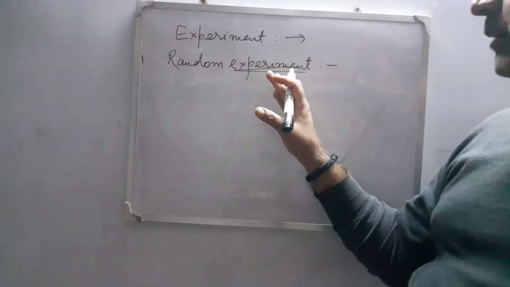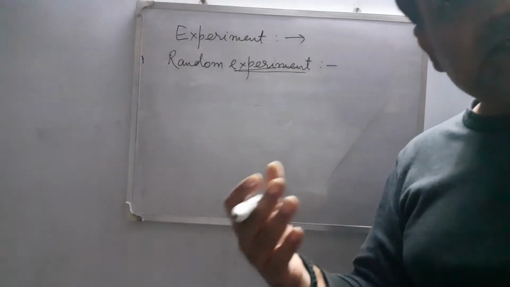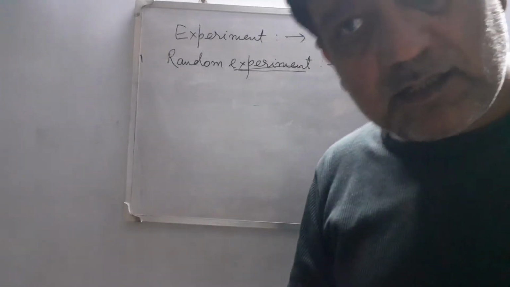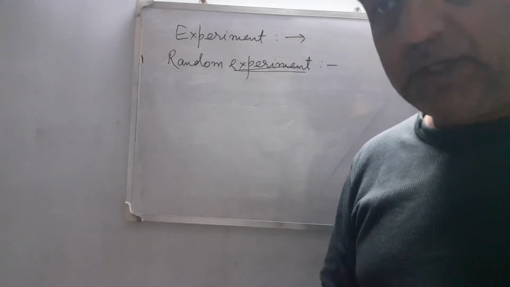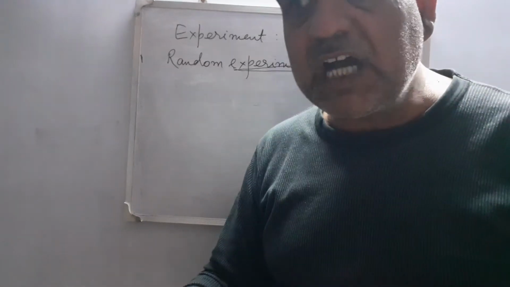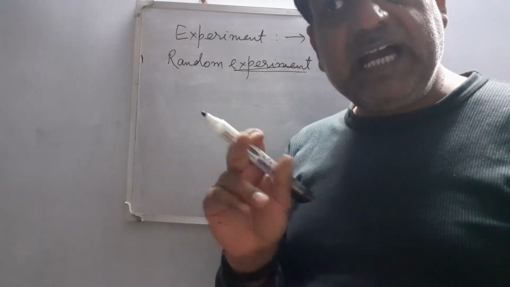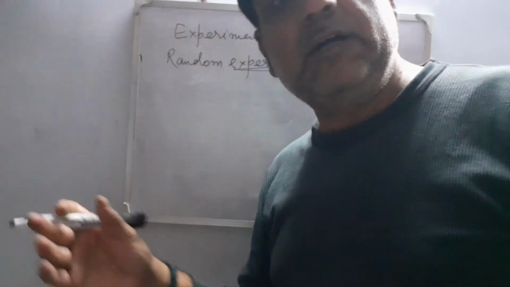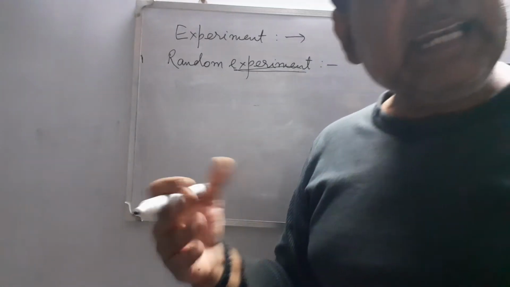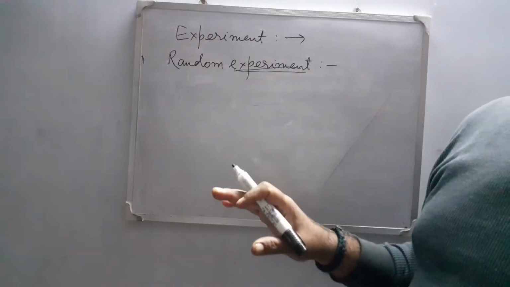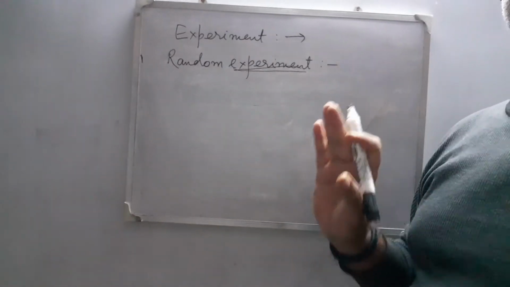Examples of a random experiment are tossing of a coin and throwing of a die. If a die is thrown, we don't know which outcome will appear, but we have the 6 outcomes 1, 2, 3, 4, 5, 6, and any one can appear. So this depends on chance, and such an experiment is called a random experiment.